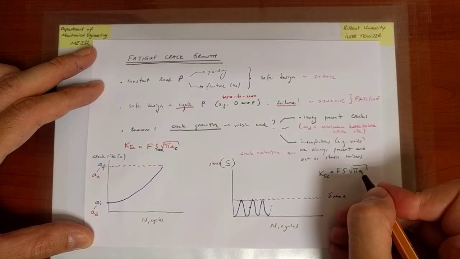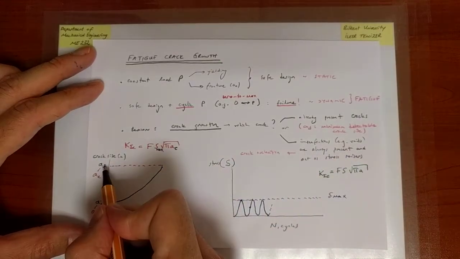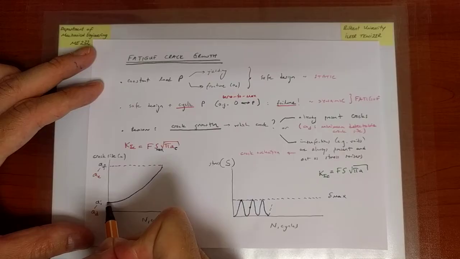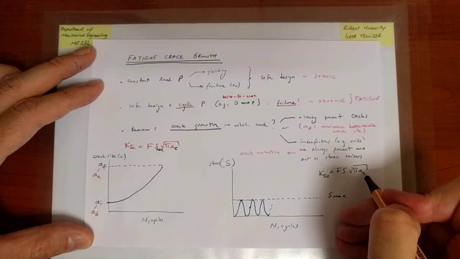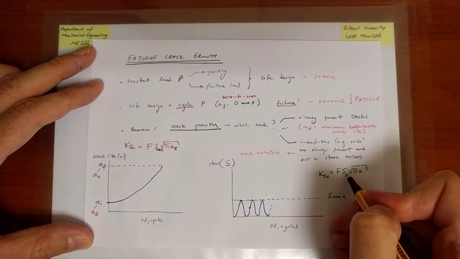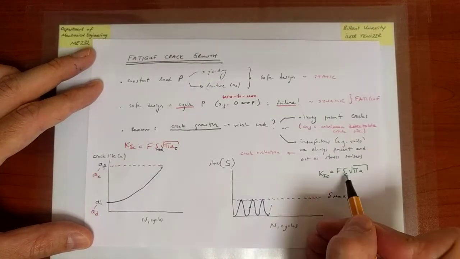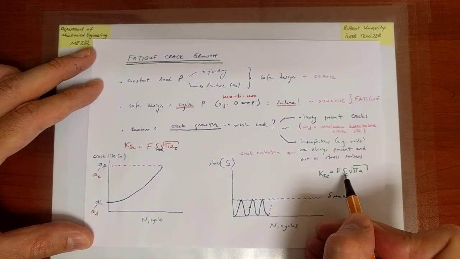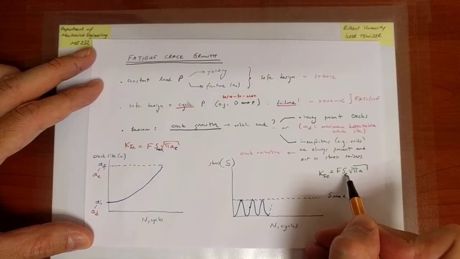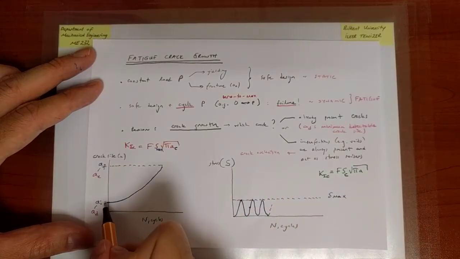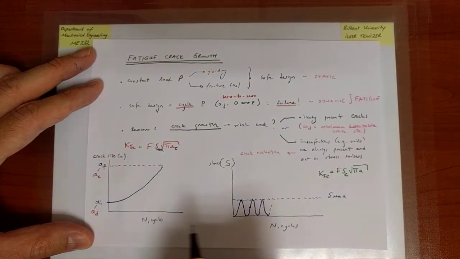For any given crack size that is less than AC, so for instance AI, this could be AI or AD, I can calculate a corresponding value of the critical load. That would cause fracture if I had increased the load for that crack size to that value. So in other words, for instance, initially the crack is of size AI.